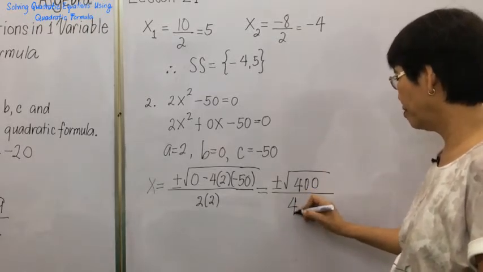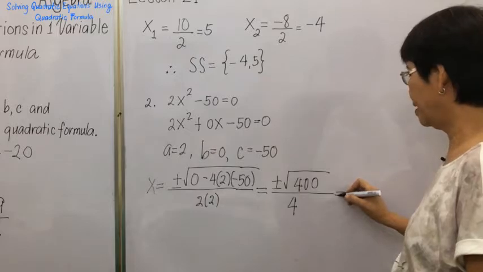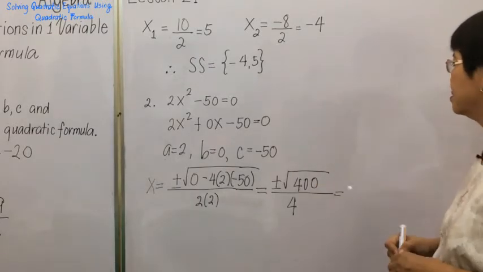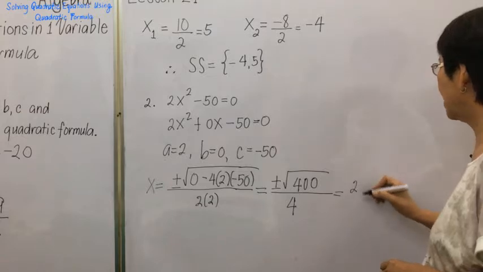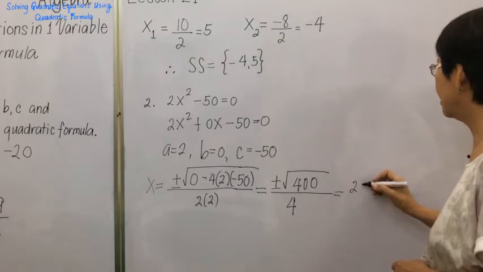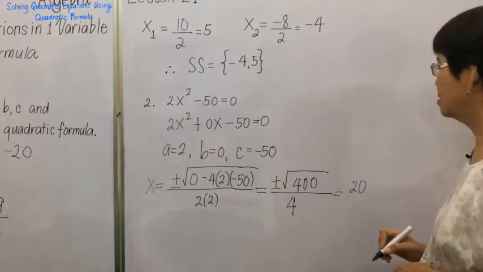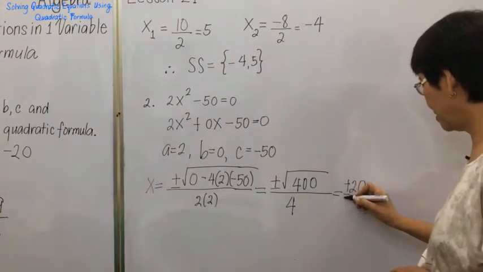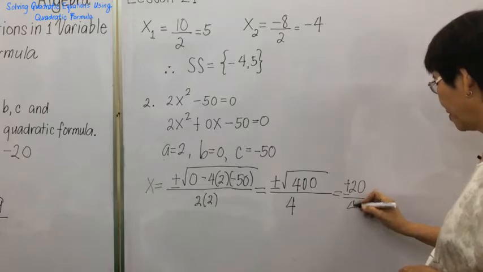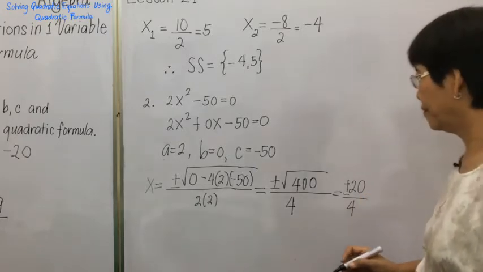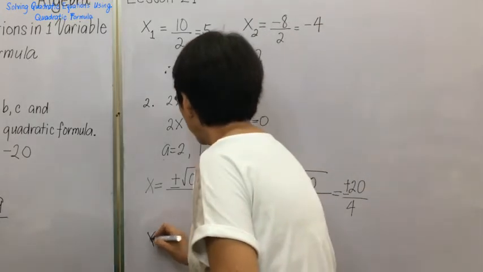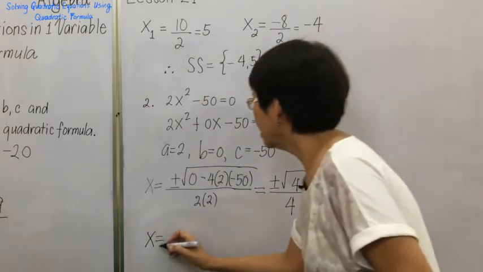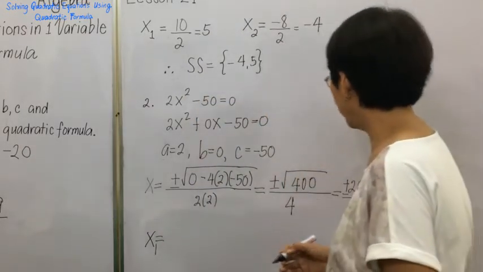over 4. And square root of 400. So square root of 4 is 2, and square root of 100 is 10. So this is 20. So we have plus or minus 20 over 4. Therefore, x is equal to, let's take x sub 1 first.